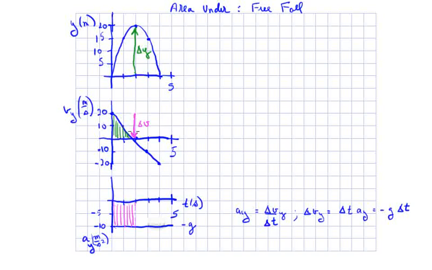This area, this green area right here, is equal to 1/2, it's a triangle, times 2 seconds, that's the base of the triangle, times 20 meters per second. Okay, so first of all, note that this has the units of meters.